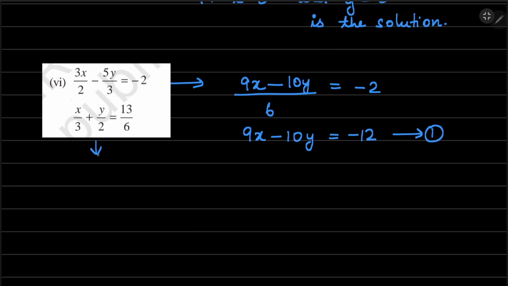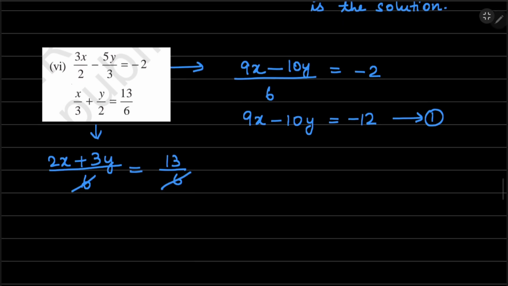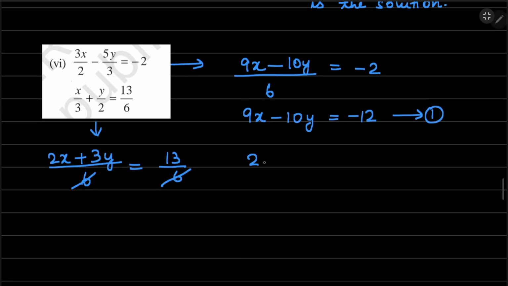Okay, similarly for the second equation, again the LCM is 6. So you will have 2x plus 3y in the numerator equal to 13 divided by 6. The 6 gets cancelled. Therefore, the second equation is nothing but 2x plus 3y equal to 13. This is your equation number 2.